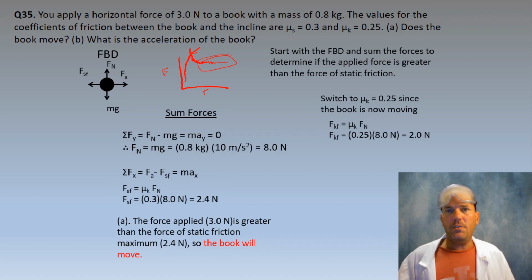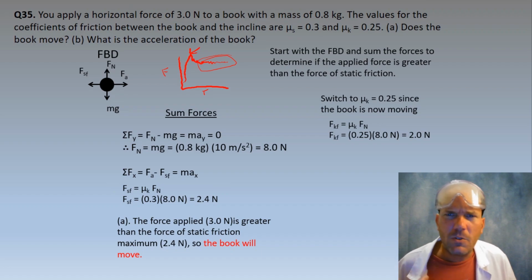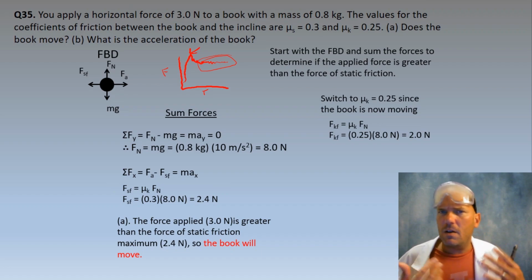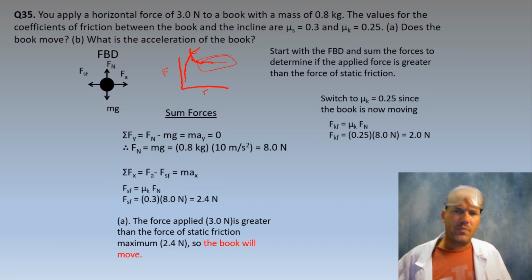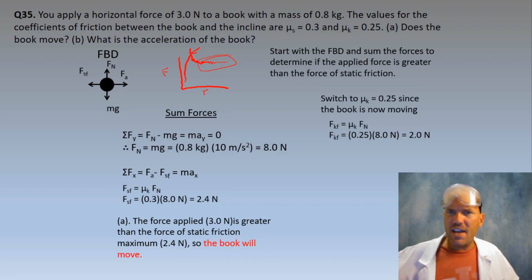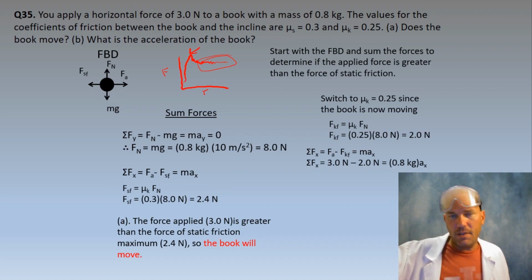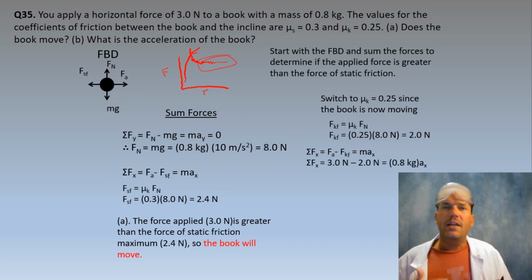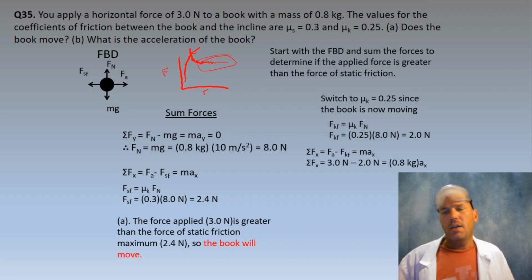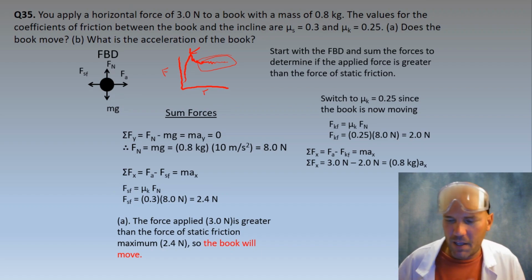We're going to plug in our values, switching 0.3 to 0.25. We still have the same normal force from our vertical summation, and we get 2 newtons. So now the force of kinetic friction is 2 newtons, and the applied force to the right is 3. So 3 newtons minus 2 newtons equals the mass of the object, 0.8 of a kilogram, multiplied by the acceleration horizontally.